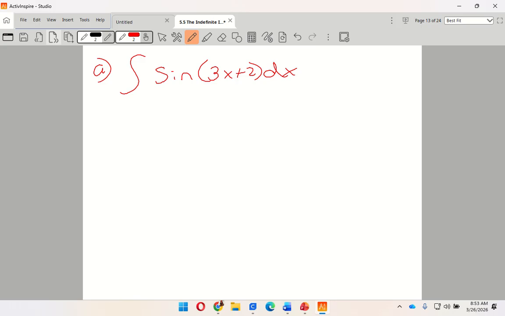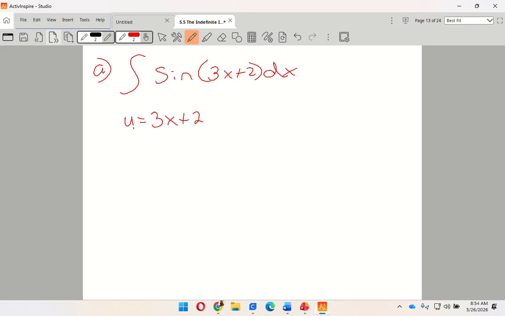Like, okay, that's a good thing. So now this is the piece that's going to get it. I'm going to say u is 3x plus 2. Now, we do take a derivative using the substitution.